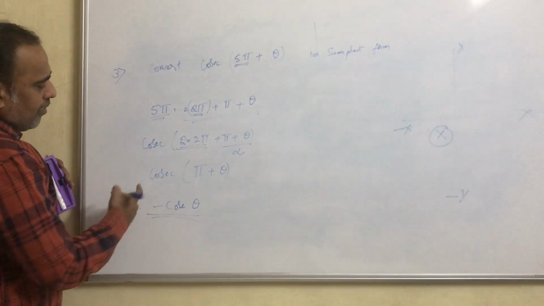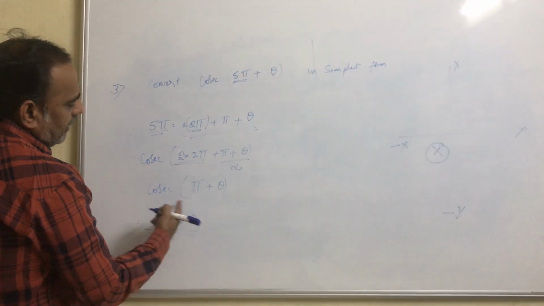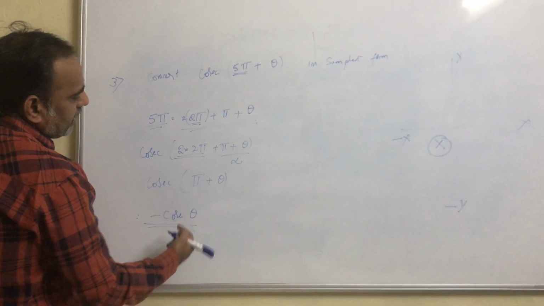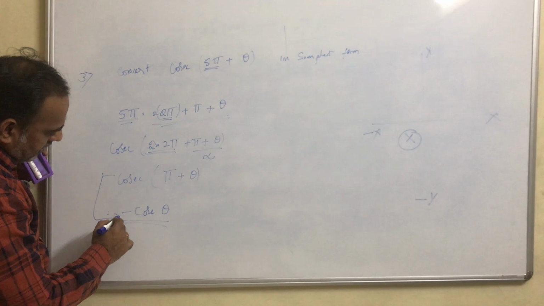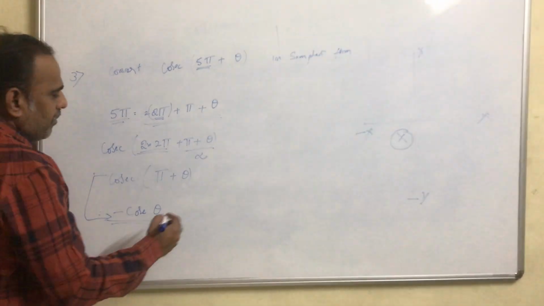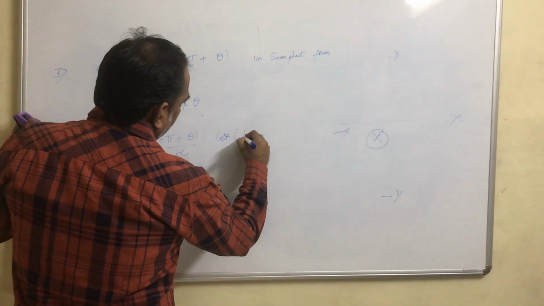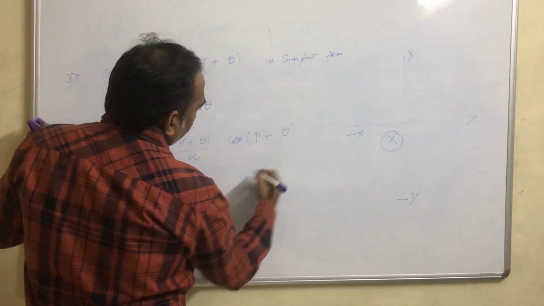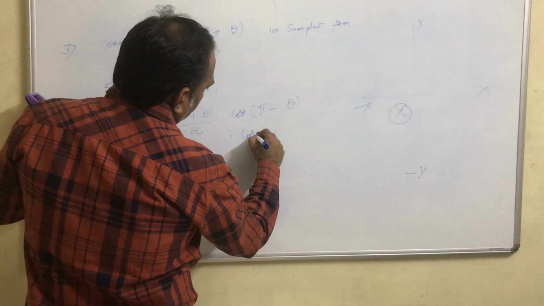Yes, we know, right? Cosecant of pi plus theta is equal to minus cosecant theta. Suppose cosecant of pi minus theta. What is cosecant of pi minus theta? This is cosecant theta.